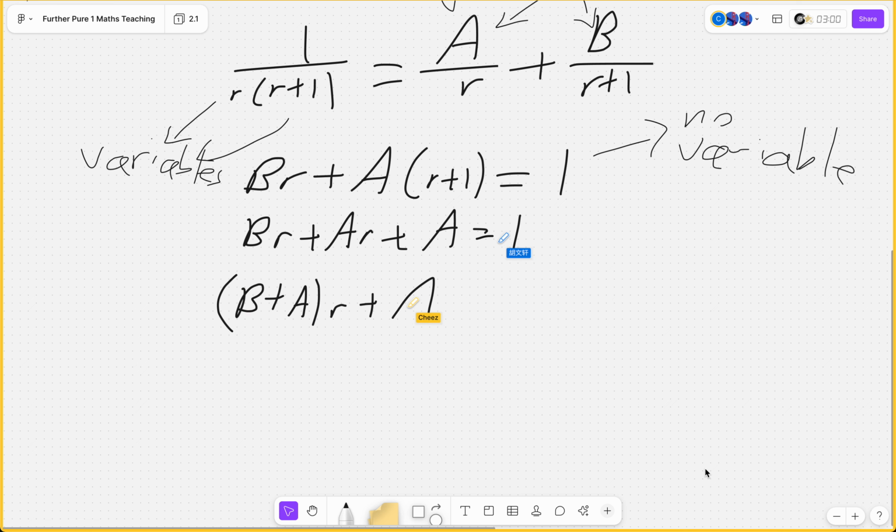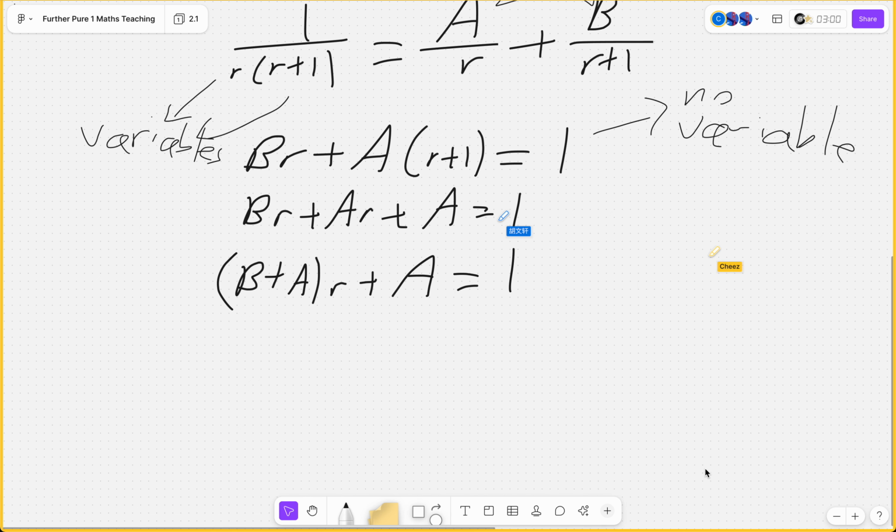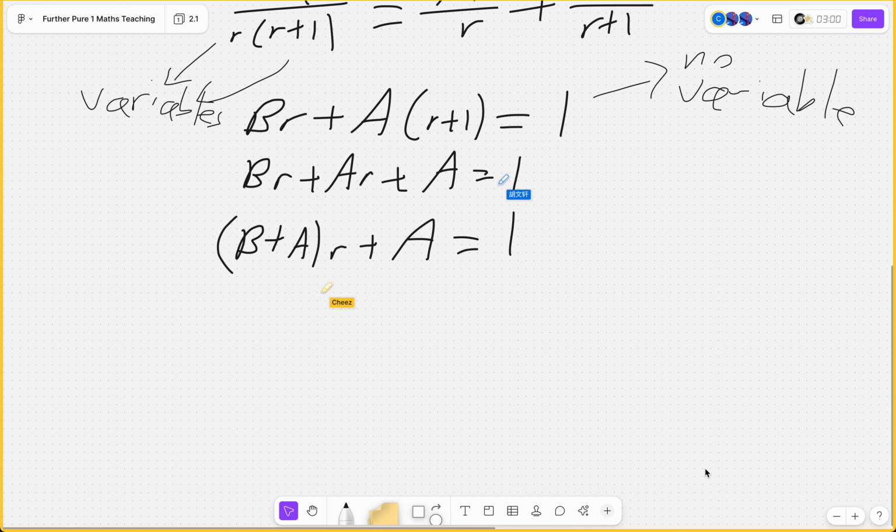Now, since there are no variables on the right-hand side, that means that for any variable r on the left-hand side, the coefficients must equal 0. So in this case, B plus A must equal 0, or B equals negative A. Now, if this part is 0, that means it's gone, and we're just left with A equals 1.